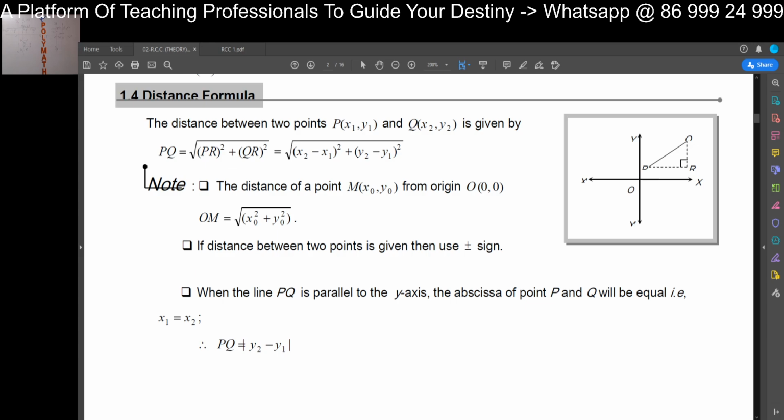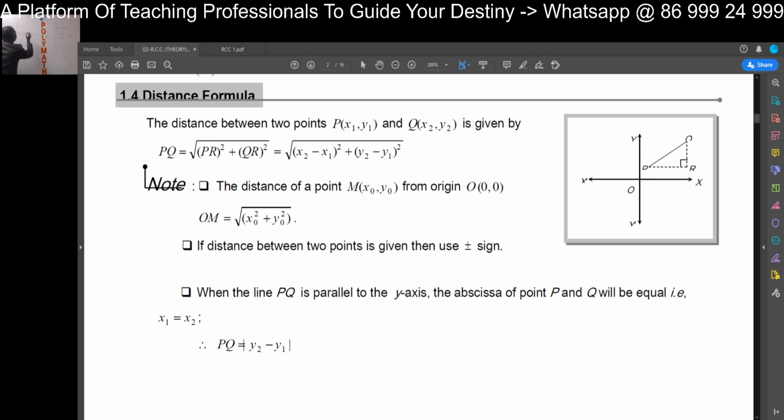Why am I discussing this here? Because when two points are given like this, further, this is the origin, this is x1 y1, this is x2 y2.